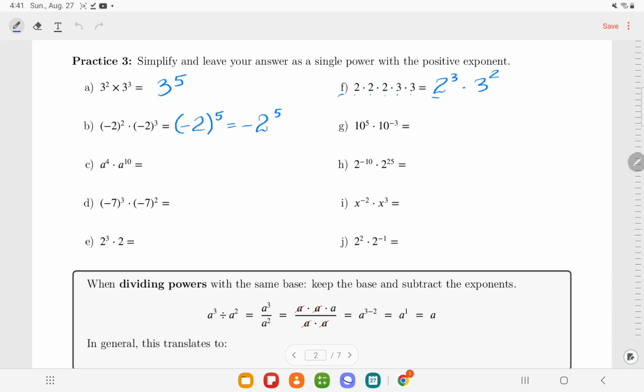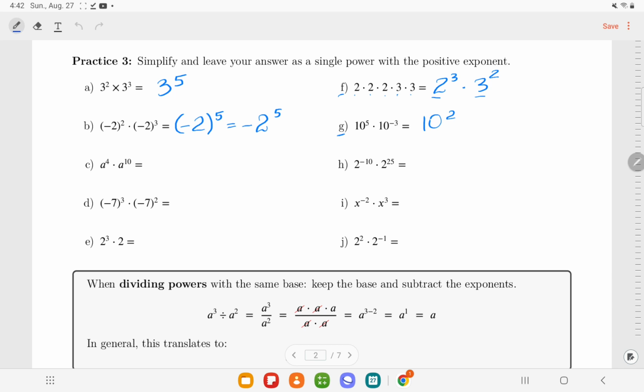Since the bases are now different, we cannot simplify it anymore. And let's try one more. G, let's keep the base, 10, add the exponents. 5 plus negative 3 is 2. We have 5 positives and 3 negatives.